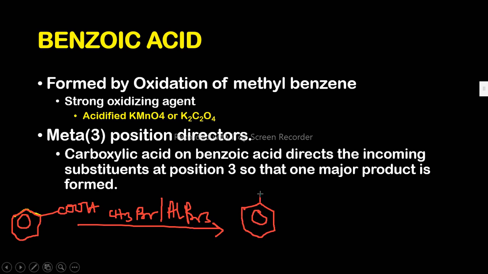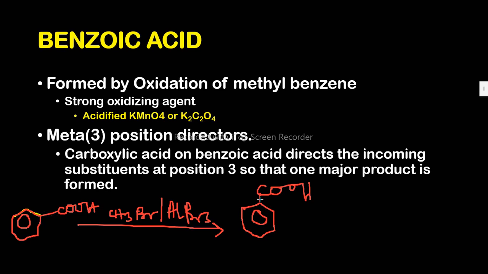if this is your benzene and this is your COOH, now somebody is going to complain, sir, the carboxyl group is on this carbon, and now you put it here. I've told you it's the same. Whether you put it here or there, the position where the group is becomes carbon 1.